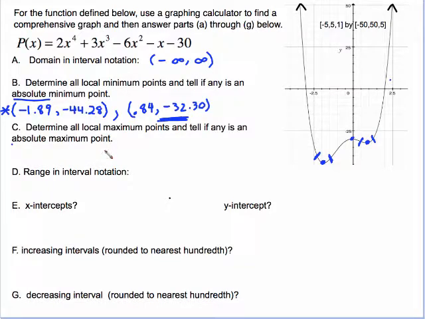Now, same steps to do the maximum. So I will clear off. I'll hit second quit so that there's nothing on my graph. Hit graph again and start. So now I will hit trace, and I want to bring my cursor to be just to the left of that perceived maximum. So now my cursor is about right here. It's just to the left of that maximum. Hit second trace to bring up maximum, not minimum. Choose maximum.